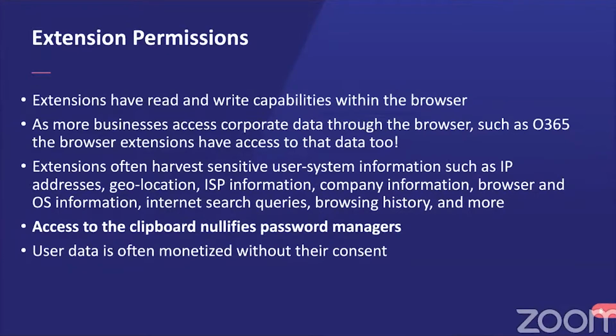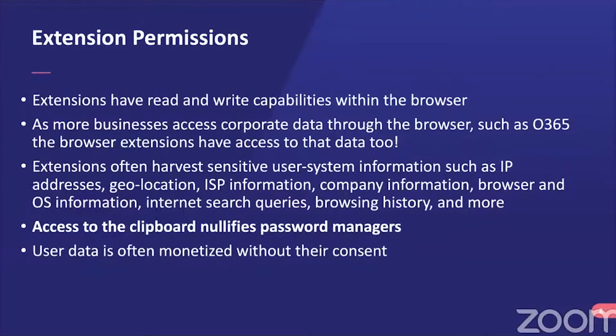What has really caused me to dive down into some deep research into these extensions is that they're harvesting a lot of sensitive user system information, such as your IP addresses and your geolocation. The geolocation is pretty interesting because it can be as specific as pointing me to the actual cul-de-sac that you live at. I might not get your house, but I can say confidently that you're one of these three houses.